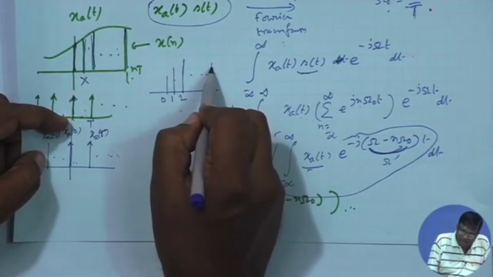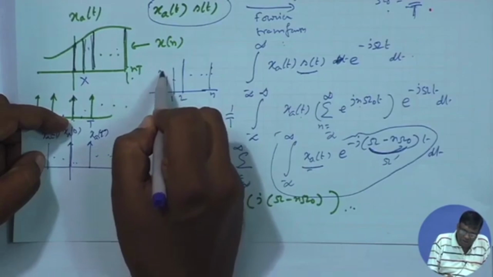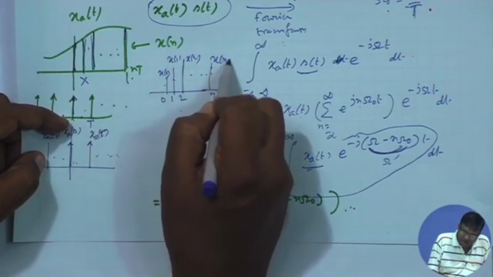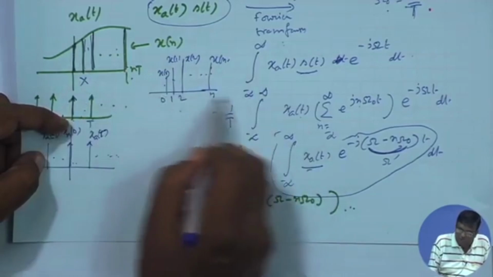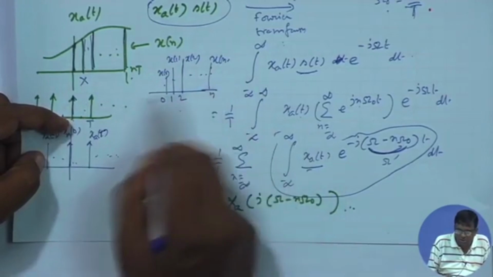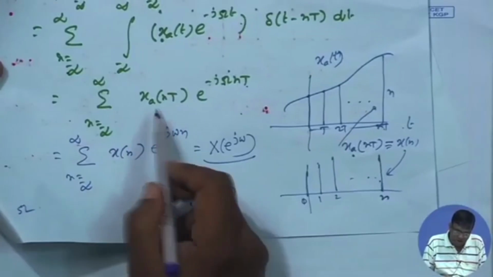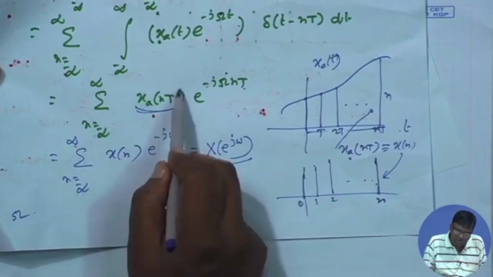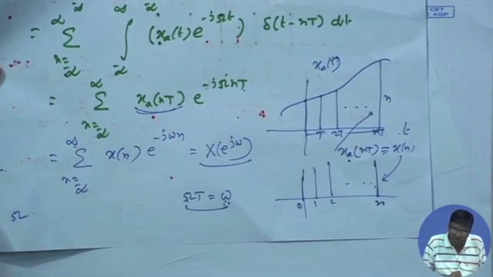Call it the nth sample x[n]: x[0], x[1], x[2], x[n]. They are nothing but those values, but not as a function of time, just as a function of index n. Then you get a sequence, and that is what I obtained here. I replaced the nth sample value of the original analog function by just the nth sample of the sequence.